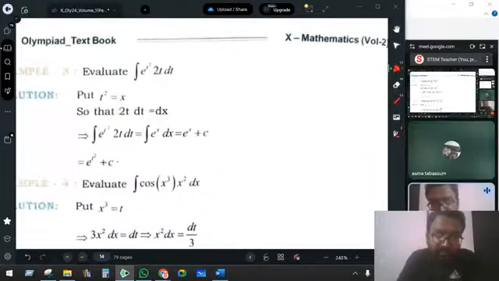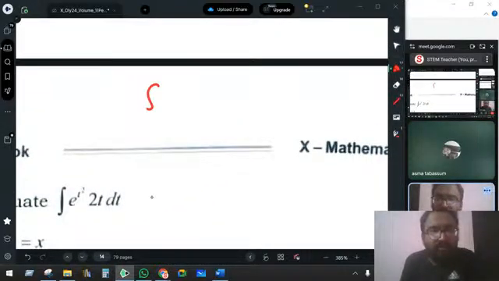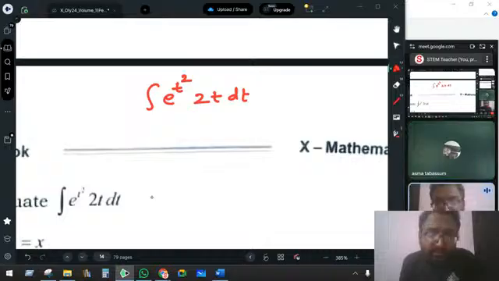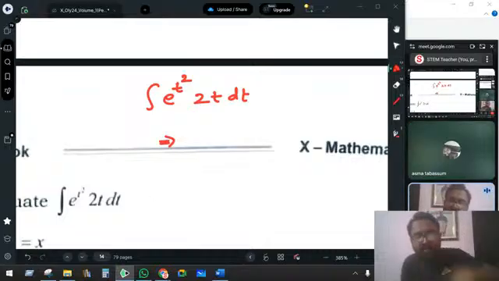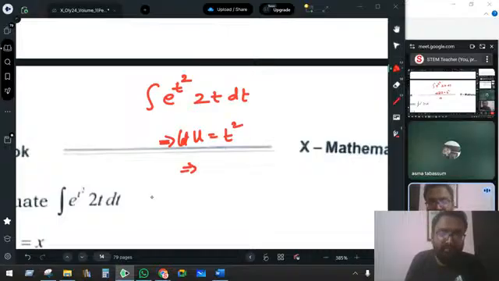So now I am writing the integration of e power t squared times 2t dt. What term has to be considered? Already t is there, so don't take t; take something else. Let u equal t squared. Then du equals 2t dt.